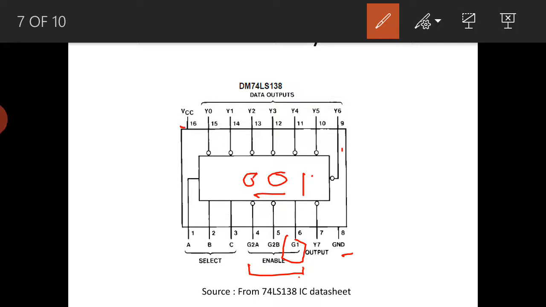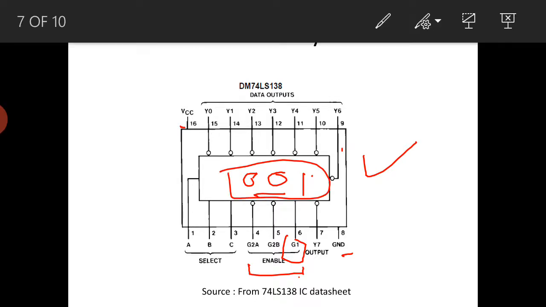So if you give the combination 0 0 1, then only the device will work. Then only the 3 to 8 decoder will work here. This is how the inputs and outputs of the 3 to 8 decoder are. So this is a condition, 0 0 1 we should give.